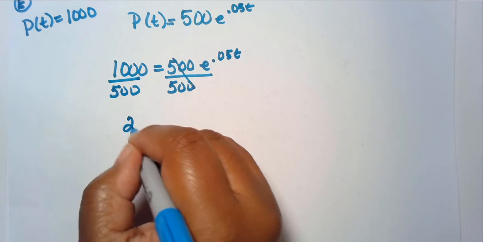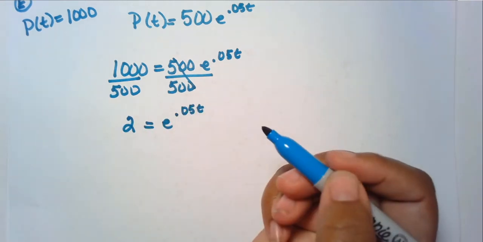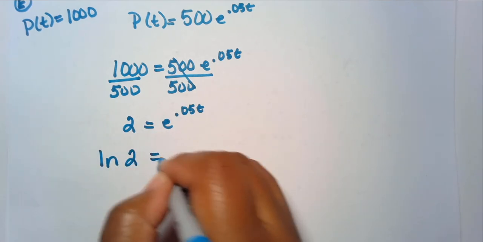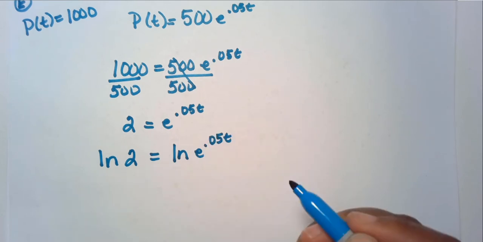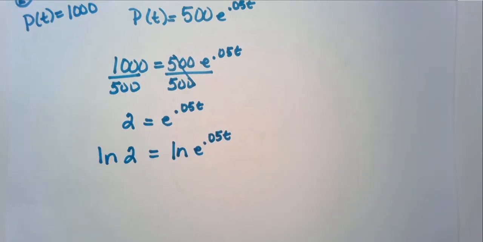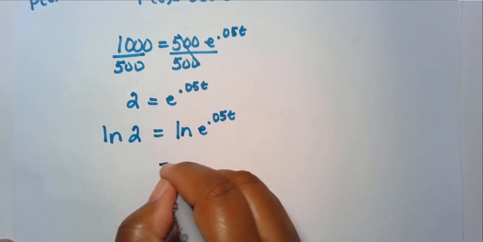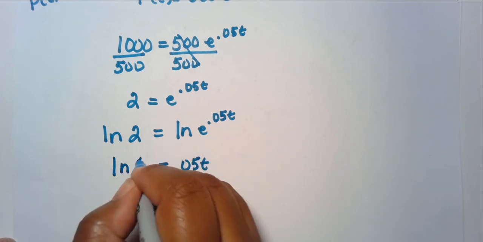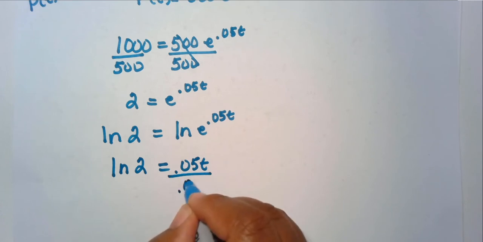And we have 2 is equal to e to the 0.05t. To solve for t, we're going to take the natural log of both sides. And we know the right-hand side is going to equal 0.05t. And we have ln of 2. So solving for t, we're going to divide both sides by 0.05.